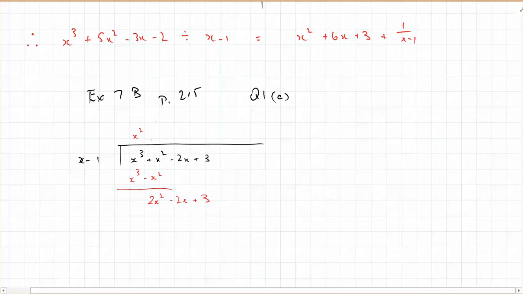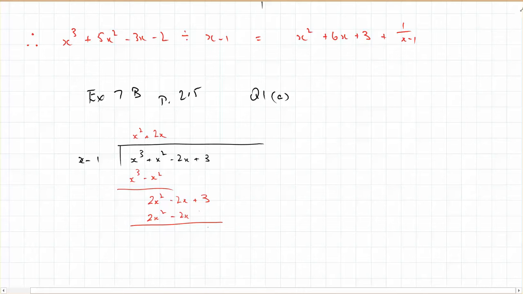So what I've done there is this times this is equal to this, and I've subtracted this from this, and I'm left with that there. Nice and straightforward. Now my 2x squared is my focus. I'm going to multiply by plus 2x. 2x times x minus 1 gets rid of my 2x squared, with minus 2x there. I do a subtraction: minus 2x minus minus 2x. I feel like, have I done that right?